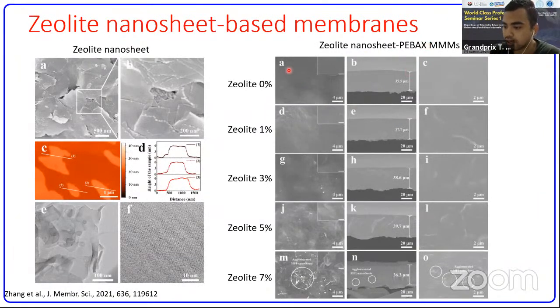As you can see here, if we increase the zeolite content to 5%, the morphology is still smooth. The zeolite nanosheets are well dispersed. But if we increase to 7%, we could encounter agglomerated nanosheets because the content is too much, I guess. So the optimum content of zeolite is 5% within the PEBAX MMMs.